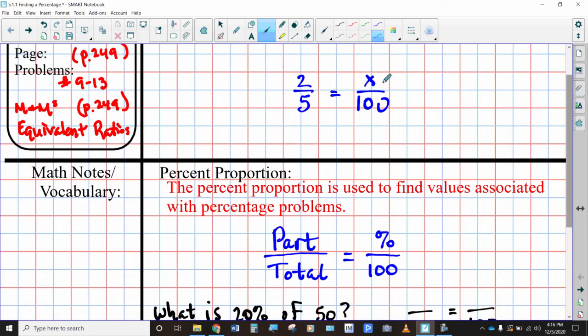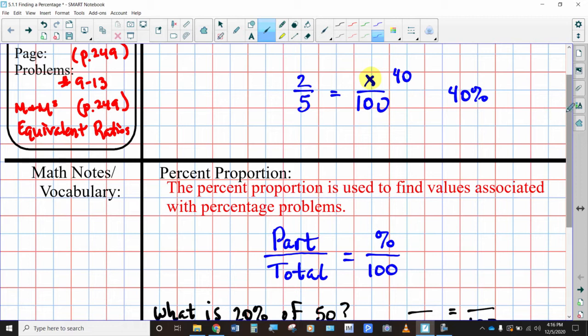To find the equivalent fraction, we needed a denominator of 100, and then the numerator became your percent. So in this situation, 2 out of 5 is equivalent to 40 out of 100. Therefore, 2/5 is equivalent to 40%.